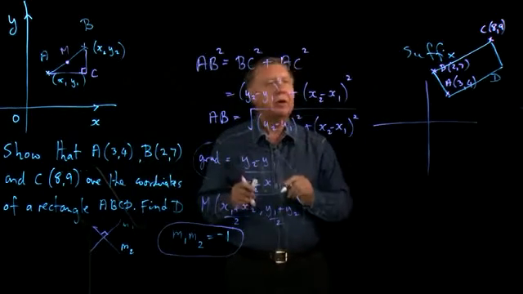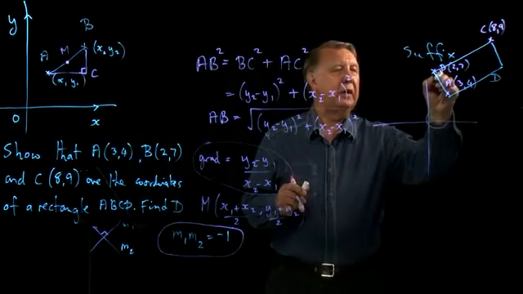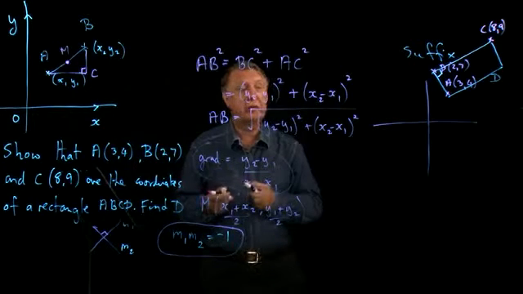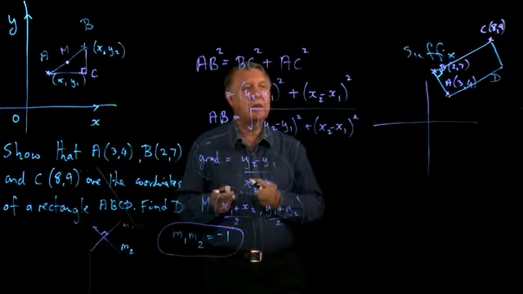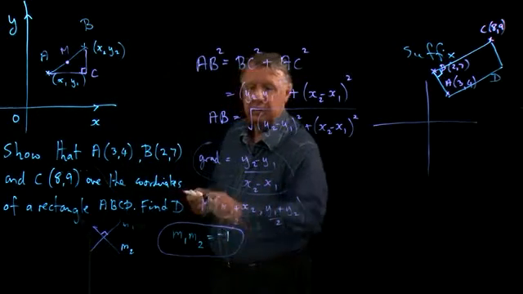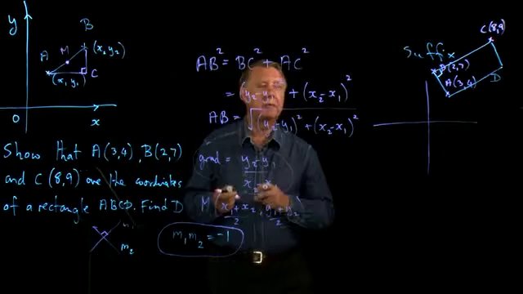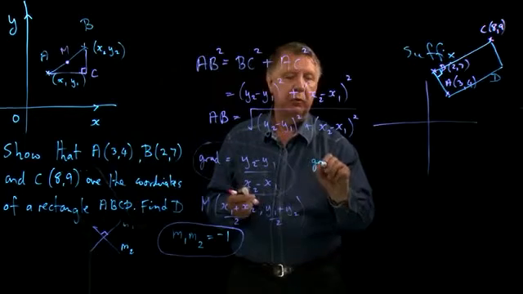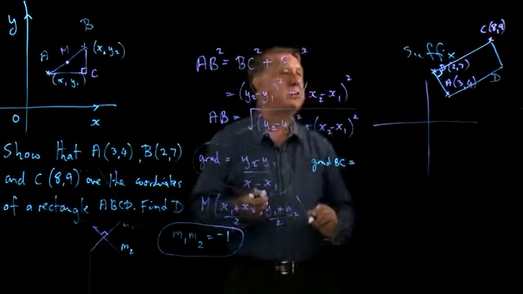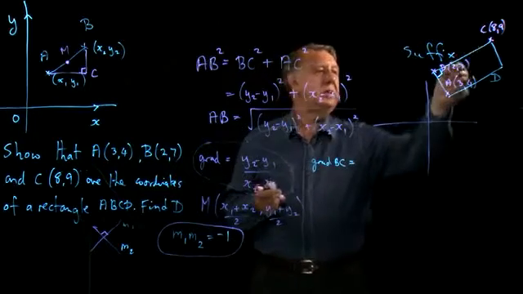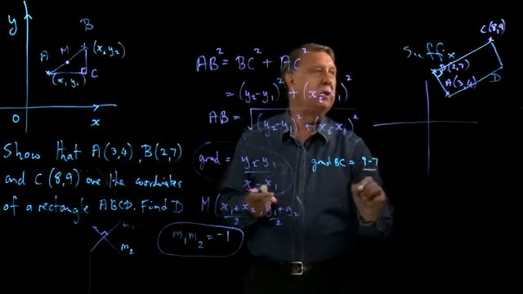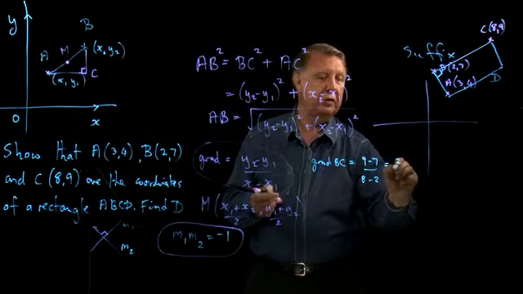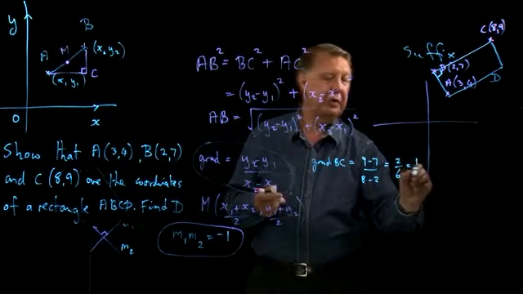But essentially, what I need to prove is that this angle is 90. What's the quickest way, with the formulas I've got in front of me, of proving that is 90? Well, it's this, our friend down here, m1 m2 equals -1. So, the gradient of BC is equal to 9 take away 7 over 8 take away 2, which is 2 over 6, which is a third.